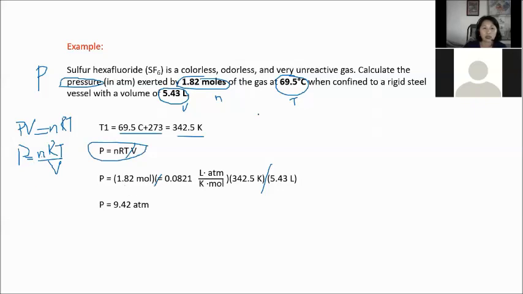Yung n is 1.82. R is constant. And temperature. Ito yung volume. So use your calculator: 1.82 times 0.0821 times 342.5 and then divide by 5.43. So the answer is 9.42 atm.